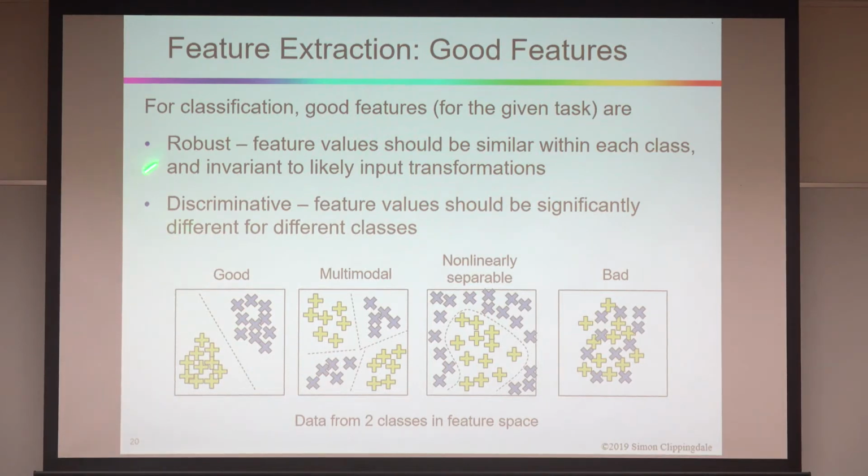So if these apply, then you'll hopefully end up with something like this, where the feature vectors corresponding to the different classes are easy to separate.